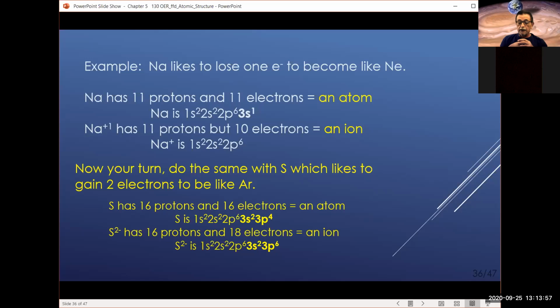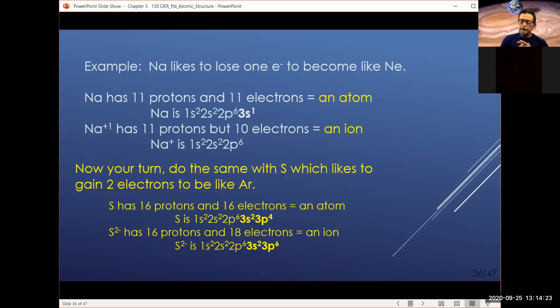Argon has 18 electrons. And so again, the nonmetal's driving force by gaining electrons is to be isoelectronic with the noble gas in front of it. And metals, specifically the groups 1 and 2, is to be isoelectronic with the noble gas behind it. The other metals are the inner transition metals, the B elements.